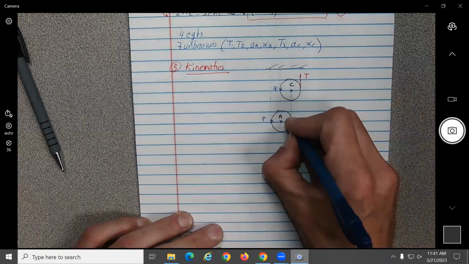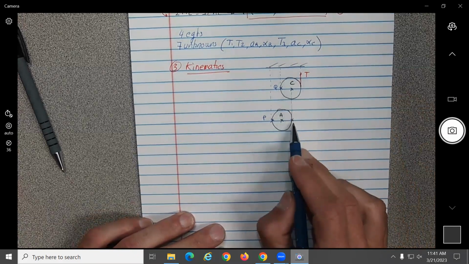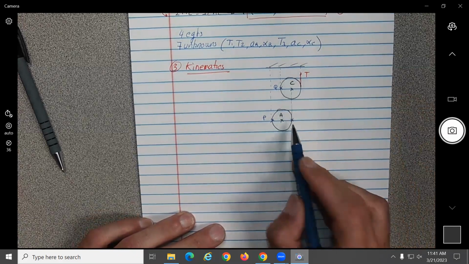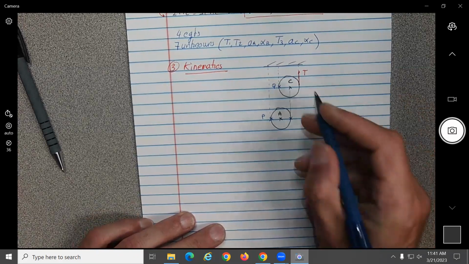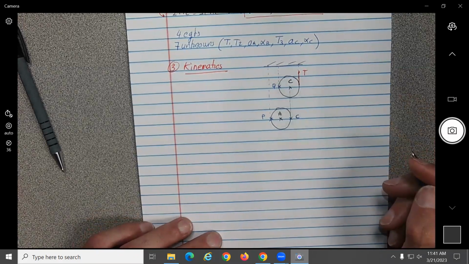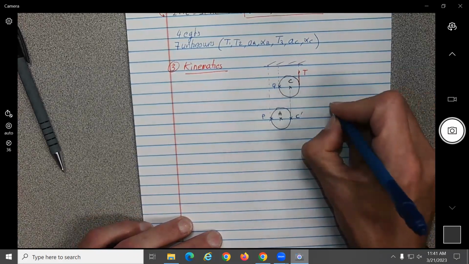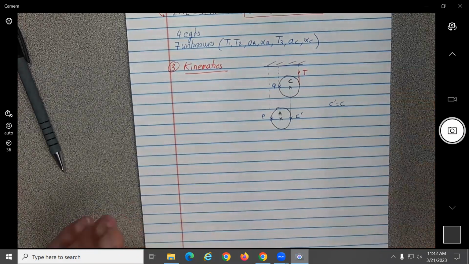And then we have to call this point here. Can I call this one C bar or C prime? Because this point has to move with the same velocity and same acceleration as C. C prime, since we already have a C. So basically we can say C prime equal to C, no?